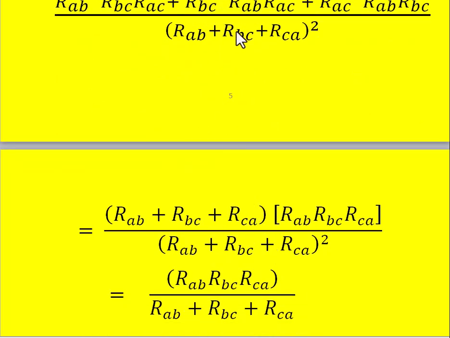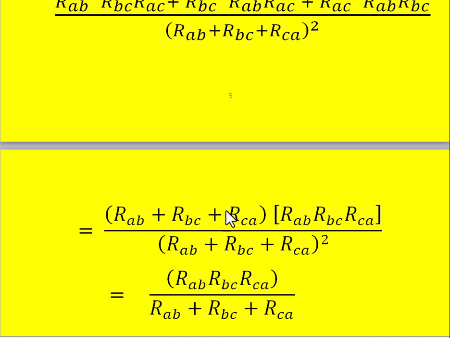And in the numerator RAB RBC RCA is common. So once it is taken as common, then we get here RAB plus RBC plus RCA divided by (RAB plus RBC plus RCA) whole square.